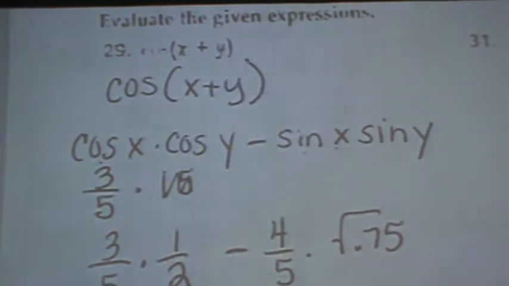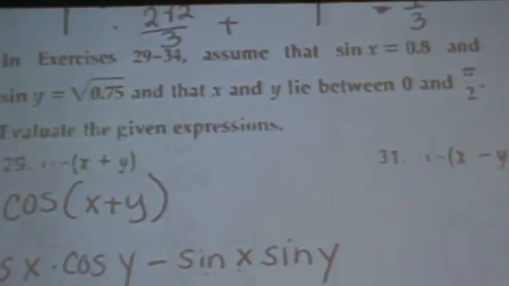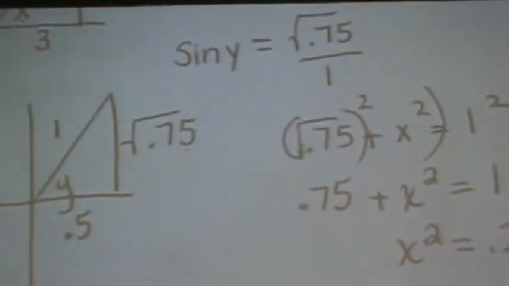And now you're going to use this same information for these 3 problems right here. You've already done the hard part of figuring out the x and y ratio. For this one, I believe it says the cosine of x minus y.